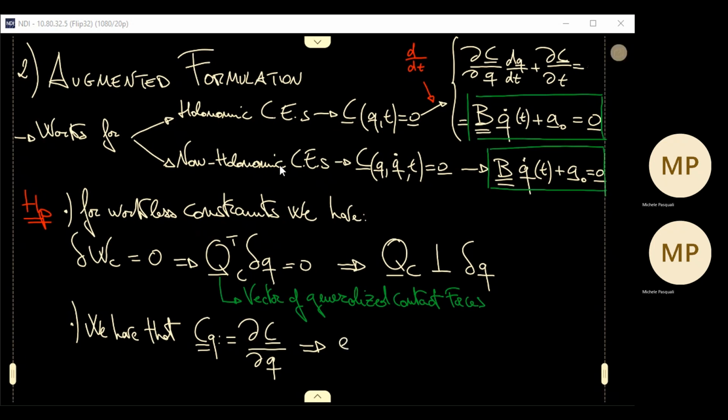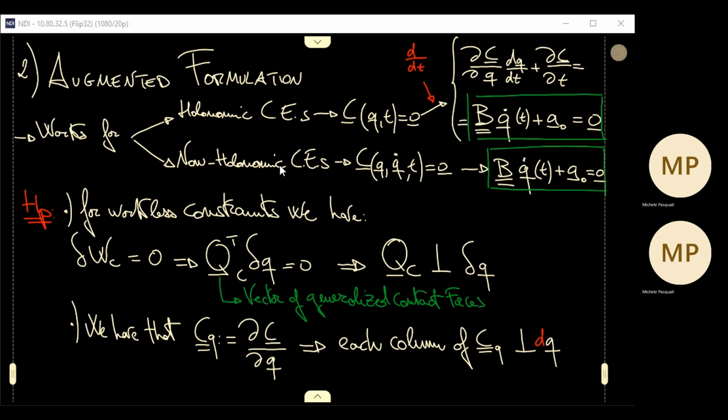So each column of CQ is perpendicular to the Q, okay? So this must be perpendicular to the Q. We could also write it like this, to the dQ.